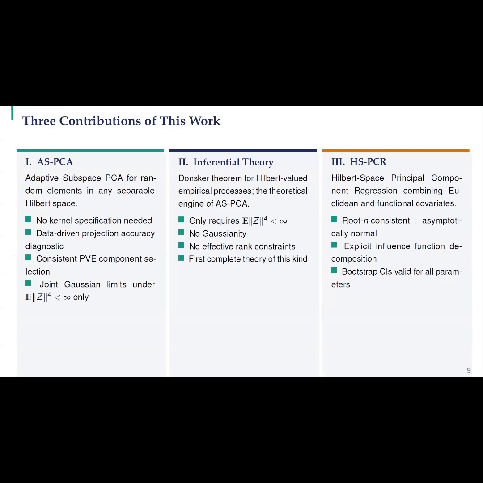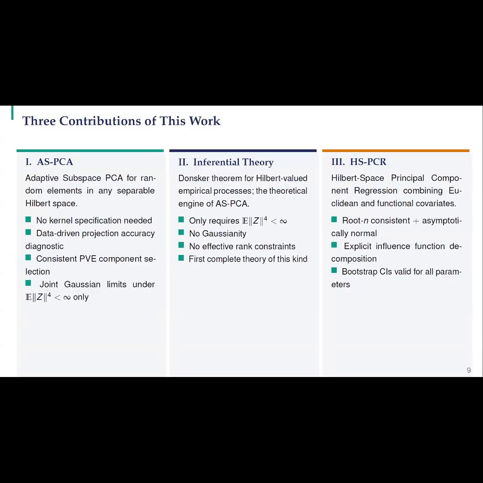We only require separability plus a 4th moment of the norm in the embedded Hilbert space. We develop inferential theory. We have an extremely general Donsker theorem, which is surprisingly general.